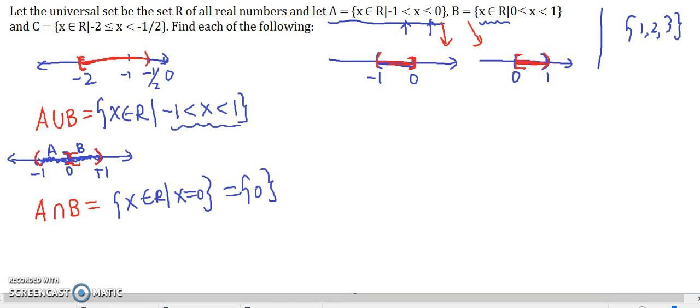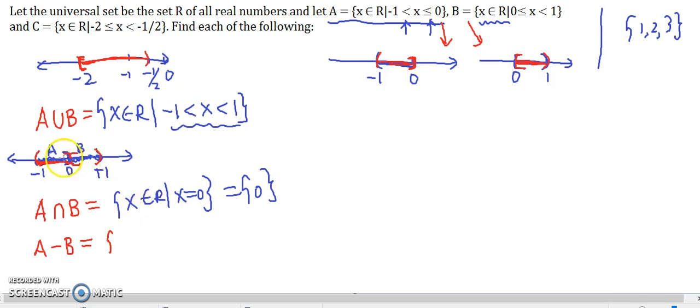Now, next one, we do subtraction, A minus B. Remember the definition: we start with the set A, all these numbers, and try to take away the numbers from A that are also in B. As we can see, there's only one number that is in A and in B, so that's 0.